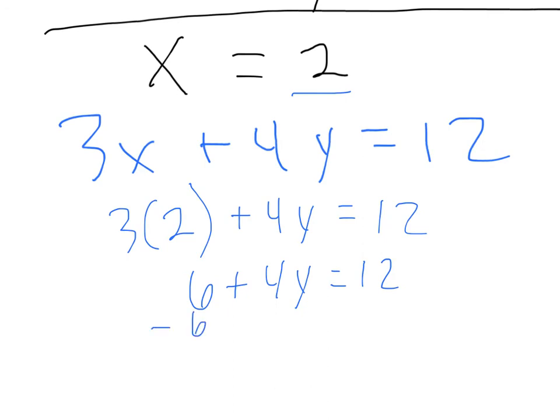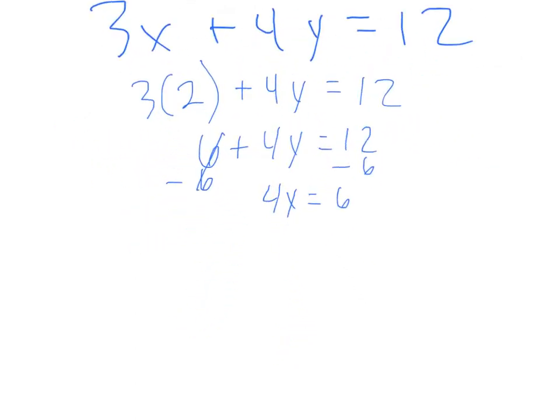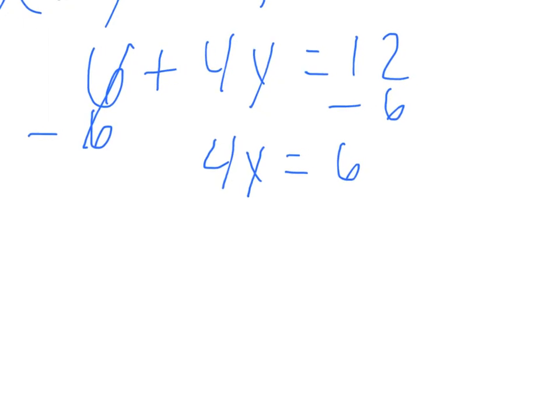Undo addition with subtraction on both sides. So those 6's cancel out, and we get 4y equals 6. And divide each side by 4. And we have y equals 6/4, which could also be 3/2.